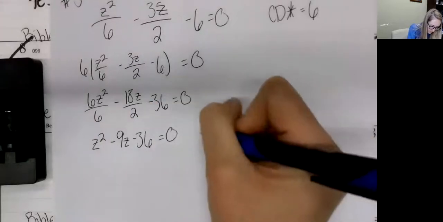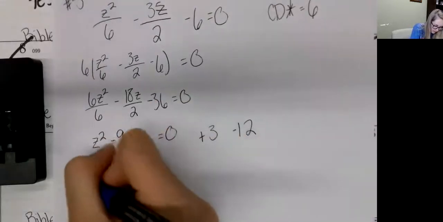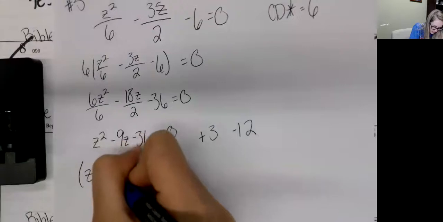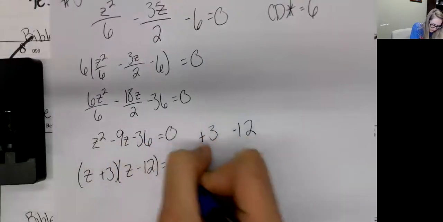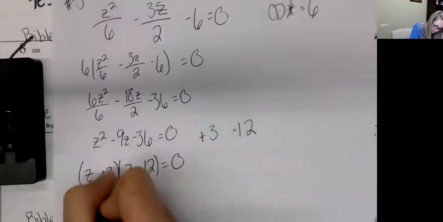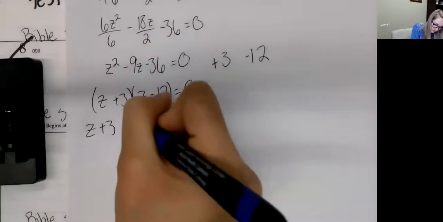So I'd have a negative 12 and a positive 3. So we have z plus 3 and z subtract 12 equals 0. Then we break them apart and have them both equal to 0.